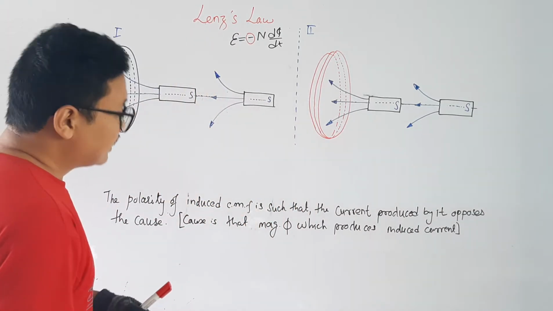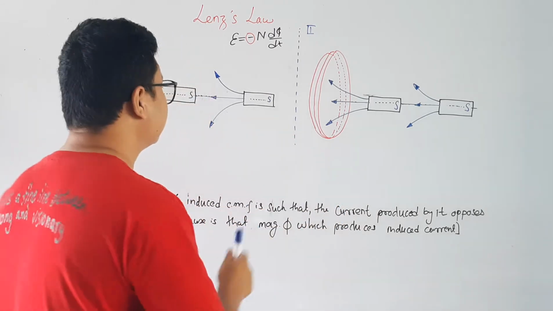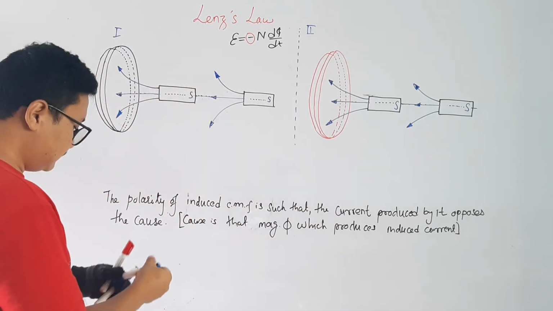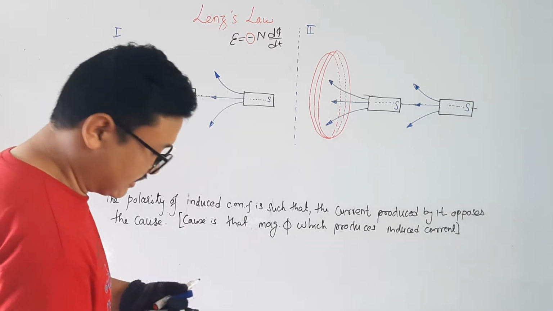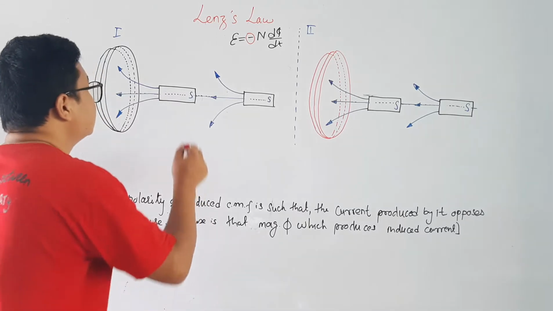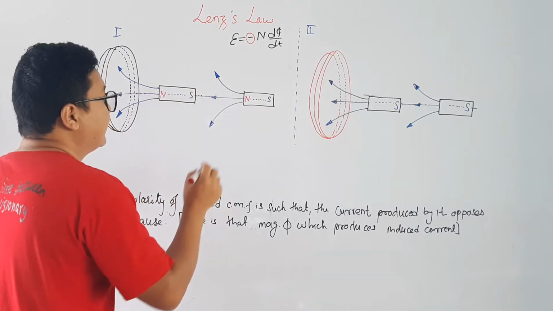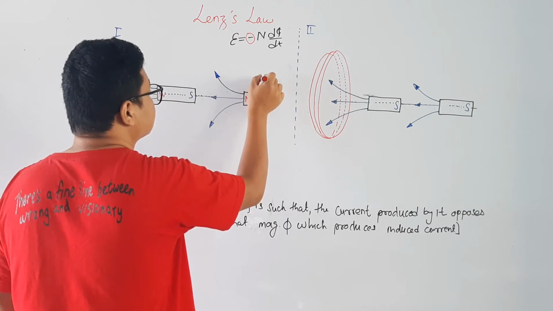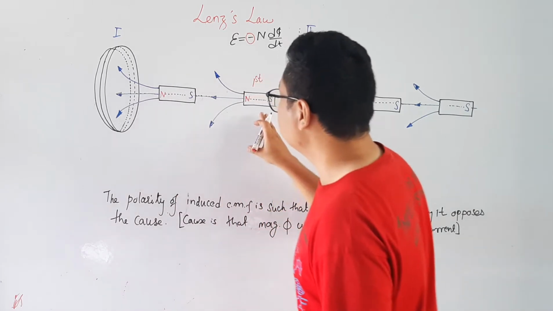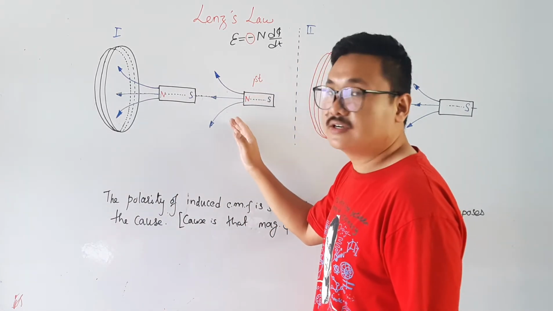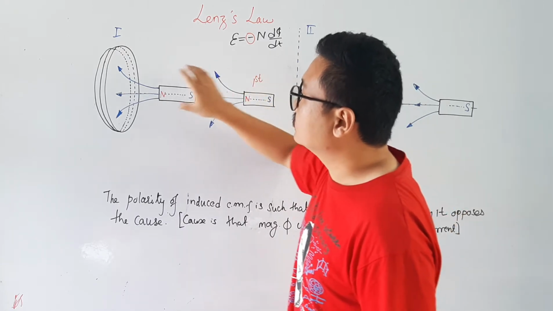So this is the first example. Let us consider case 1 and case 2. First, case 1. We have a bar magnet, and this is my north pole. Whenever this bar magnet is here, there are many magnetic field lines, but these are not linked with this coil.